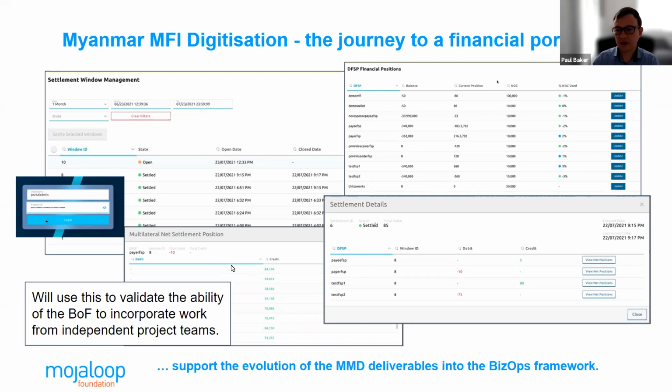So this is really a rich environment for display around deferred net settlement, and we intend to use this work stream to validate the fact that the BOF can incorporate work from different teams. So it's an exciting part of the project.